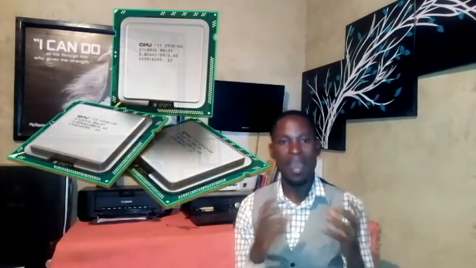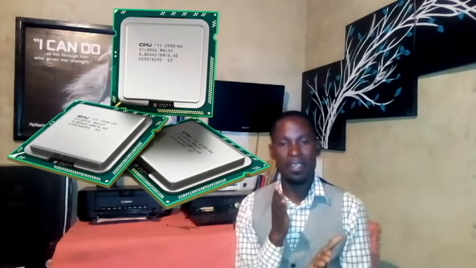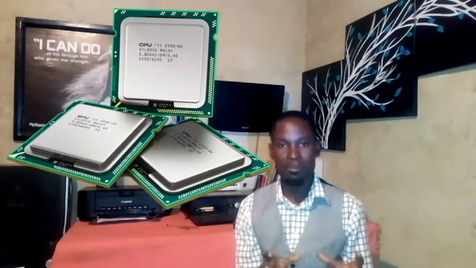Now you notice that several people refer to the system unit as the CPU. Now, the reason for this is very simple. The CPU is just but a small chip, which is the one that does all the processing inside the system unit.